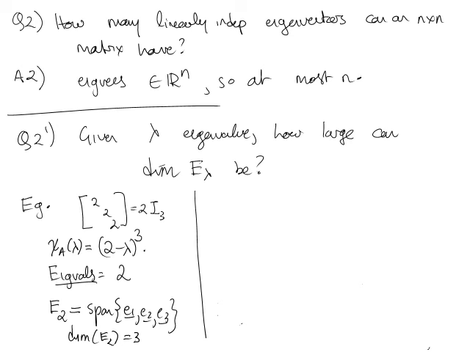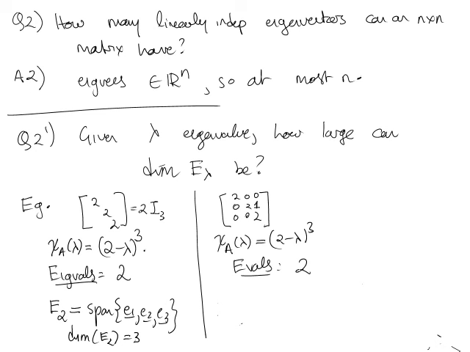Okay, let's look at a related matrix. Let's look at 2, 2, 2, but now let's put a 1 over here and zeros everywhere else. So now again, you can check this is an upper triangular matrix. So the determinant is going to be the product of the diagonal entries, and again, the characteristic polynomial is the same. So again, the eigenvalues are just 2, which appears 3 times as a root, a triple root.